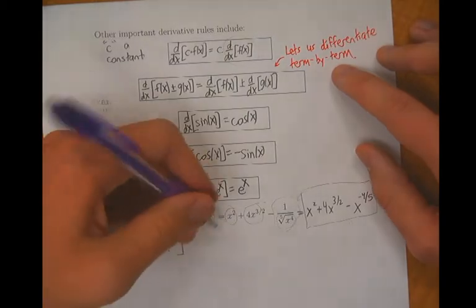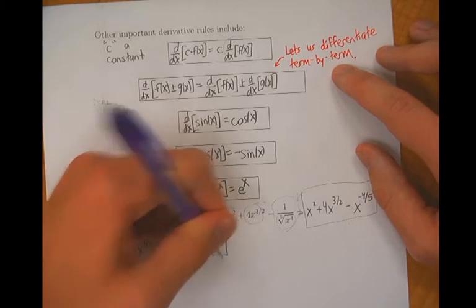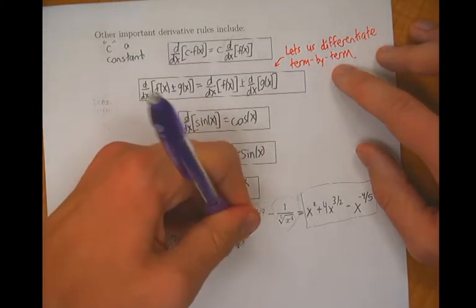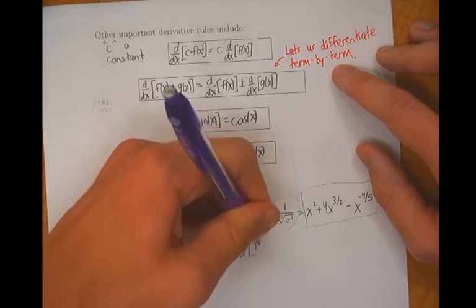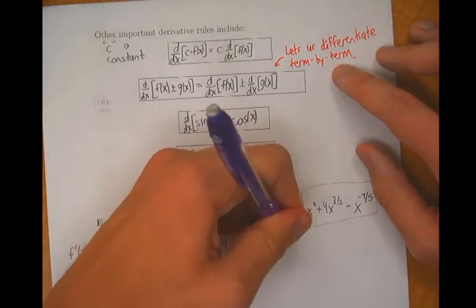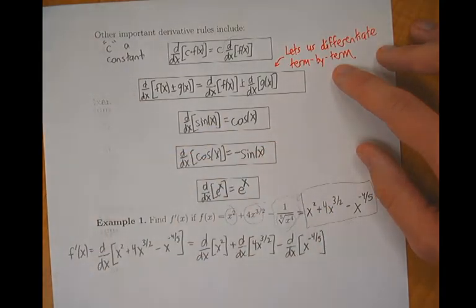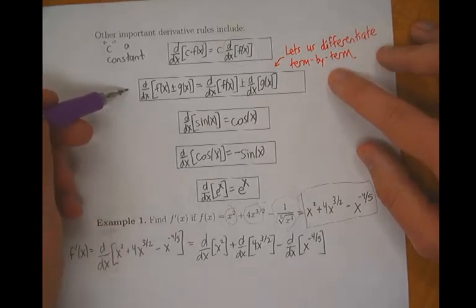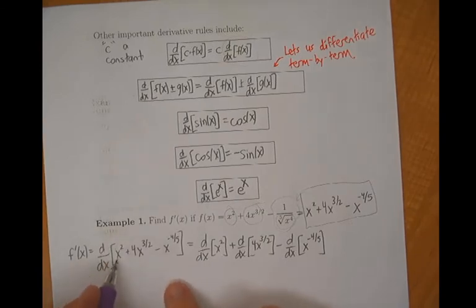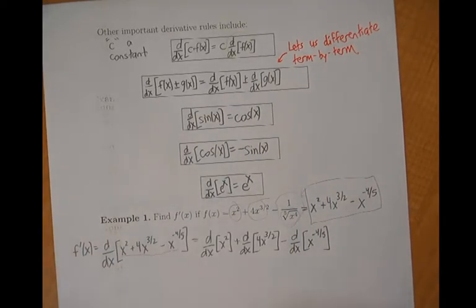So we have d over dx of x squared plus d over dx of 4 times x to the 3 halves, and then minus d over dx of x to the negative 4 over 5. That's why this formula is so helpful: instead of focusing on the derivative of all three terms together, we can focus on the derivative of each term on its own.